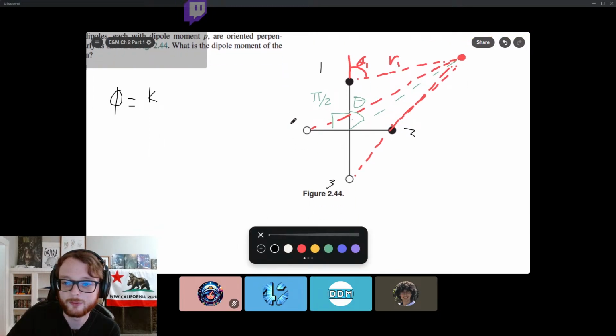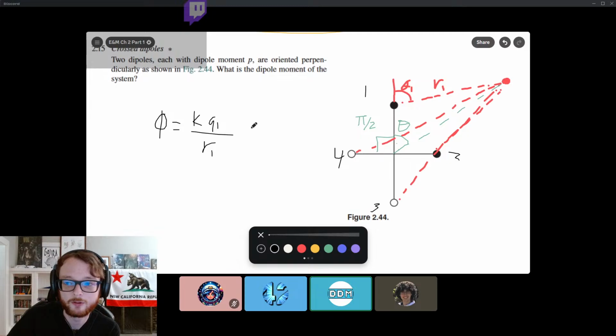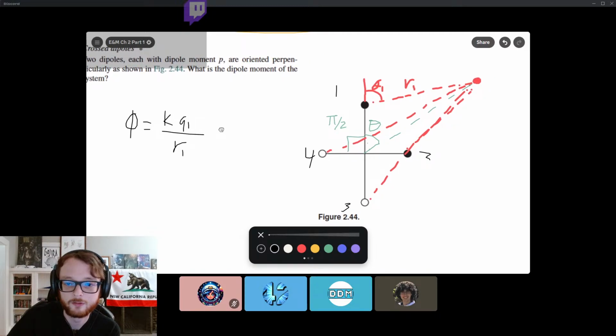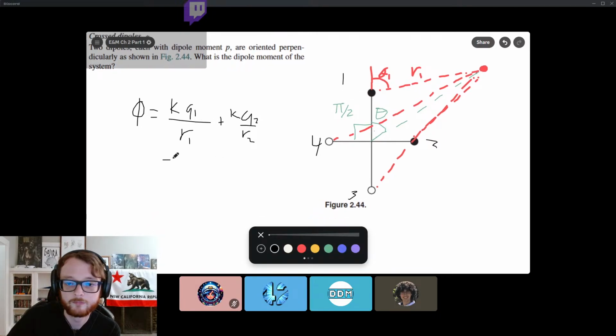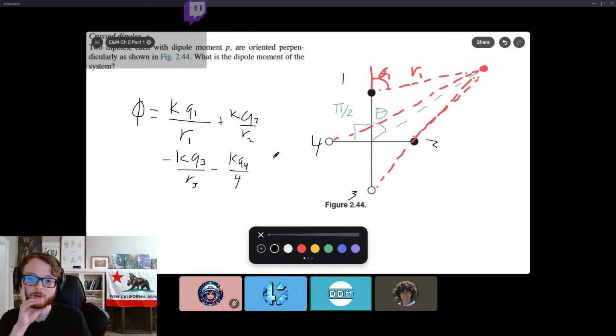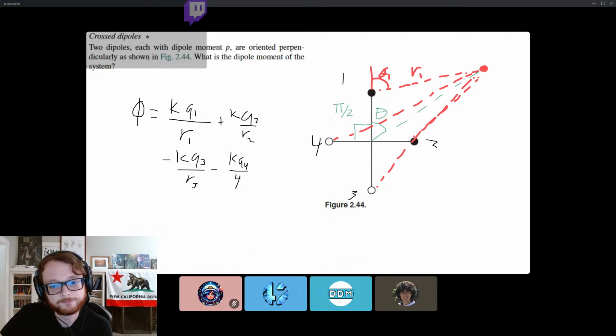Two, three, four. Q1, R1. K Q4, R4. That's how the book's set up for just a normal dipole, but with only two terms, since we only had two charges.